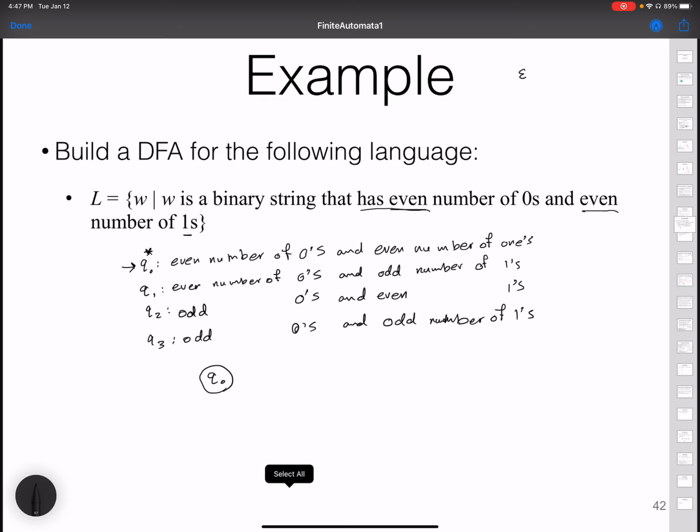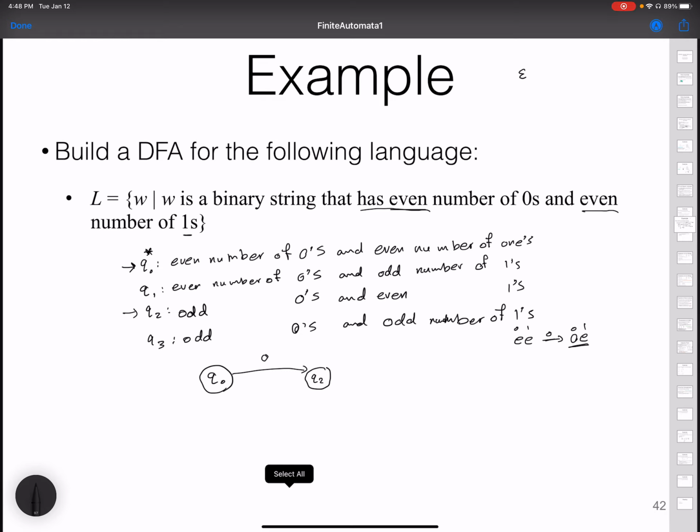If you see a zero, the number of zeros, which is even now, is going to change to odd, but the number of ones hasn't changed. So by reading a 0, you go to odd number of zeros and even number of ones, which is the situation Q2.